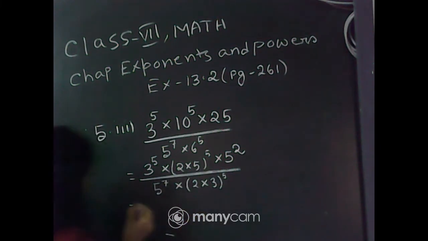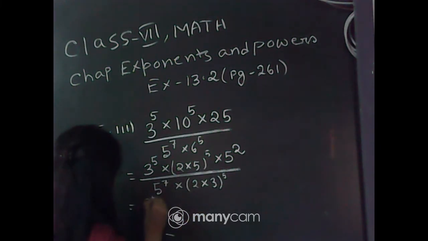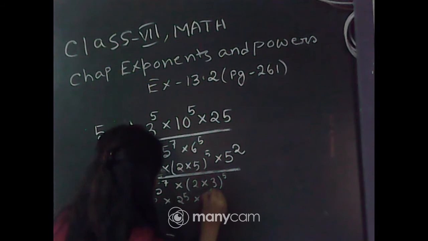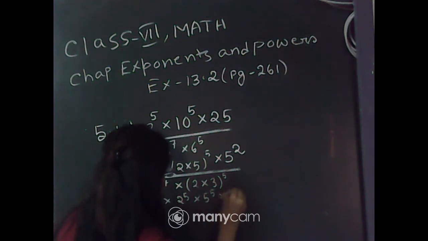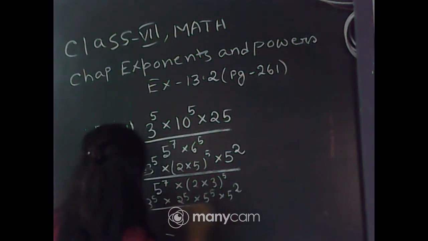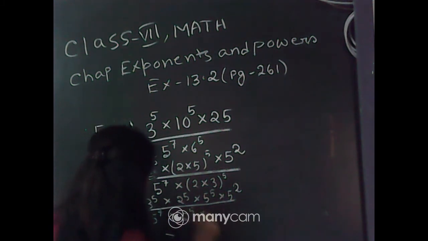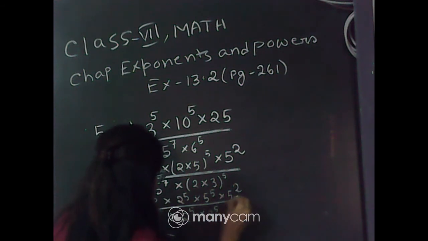Therefore, this is equal to 3 to the power 5 into 2 to the power 5 into 5 to the power 5 into 5 square divided by 5 to the power 7 into 2 to the power 5 into 3 to the power 5.